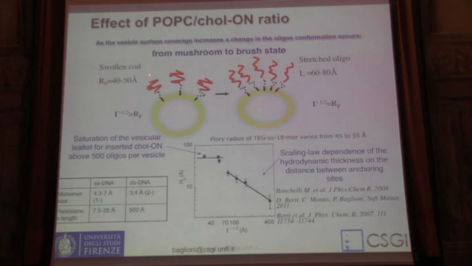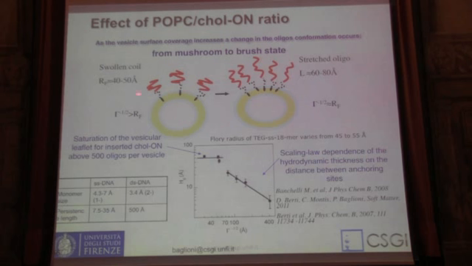So first, you can couple DNA with the liposome, and then you can use the liposome to carry the DNA around. Then the problem is related to the amount of DNA you have to use for functionalizing this liposome.